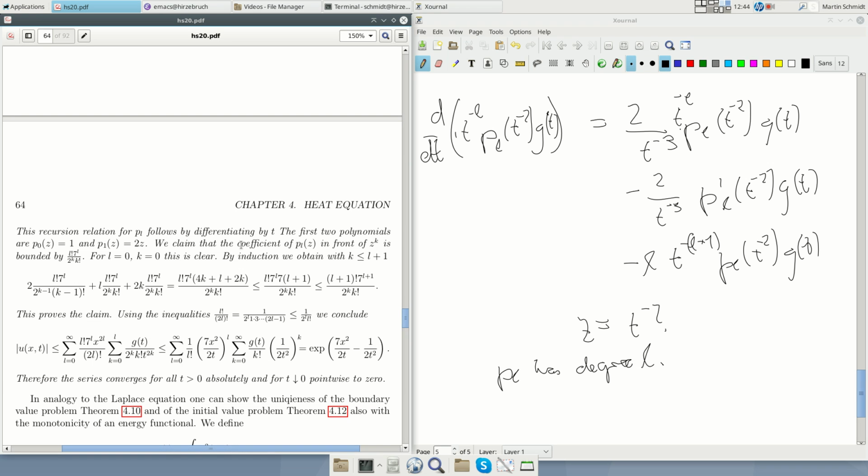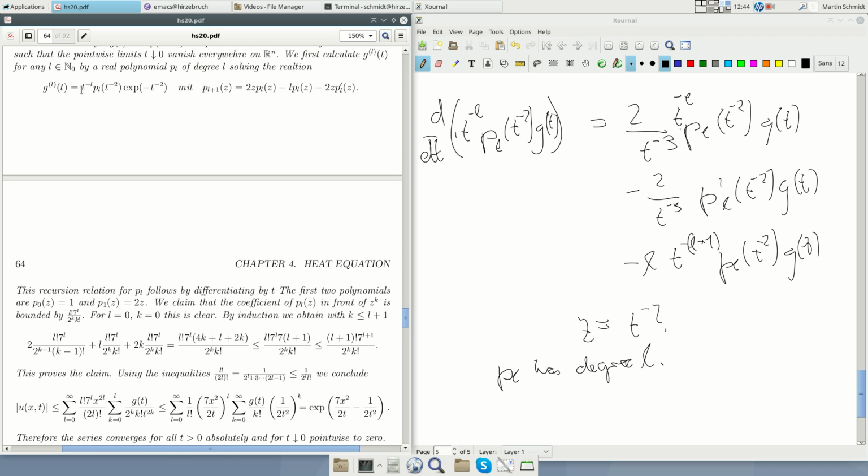Now we claim that the coefficient of PL of Z in front of Z to the power of k is bounded by this constant. Okay, now let's use this relation and translate it to an induction.